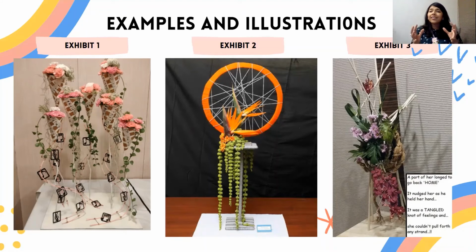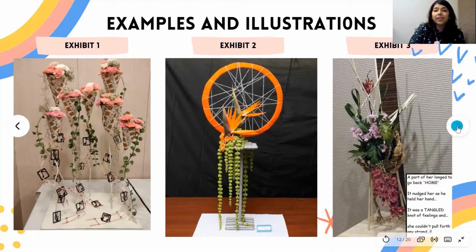Her heart wants to go back, her mind wants to stay here, and there's a pull and a push. She doesn't know what to do. So this is a part of her longing to go back home. It nudged her as he held her hand. It was a tangled knot of feelings, and she could not pull forth any strand. So this was to depict that story using contrasting colors and contrasting textures.